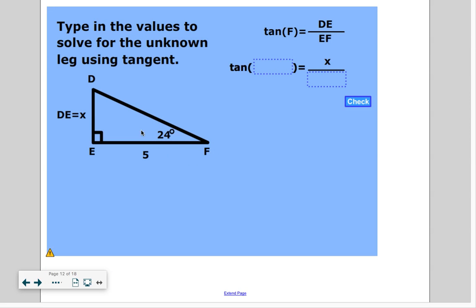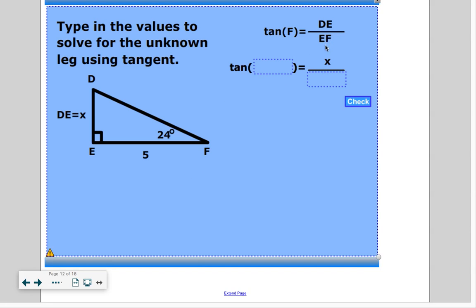Okay. This is just a setup to check and make sure that you're doing everything correctly. With this one, I can't drag, so I'm just typing in the values. We're going to solve the unknown leg using the tangent.